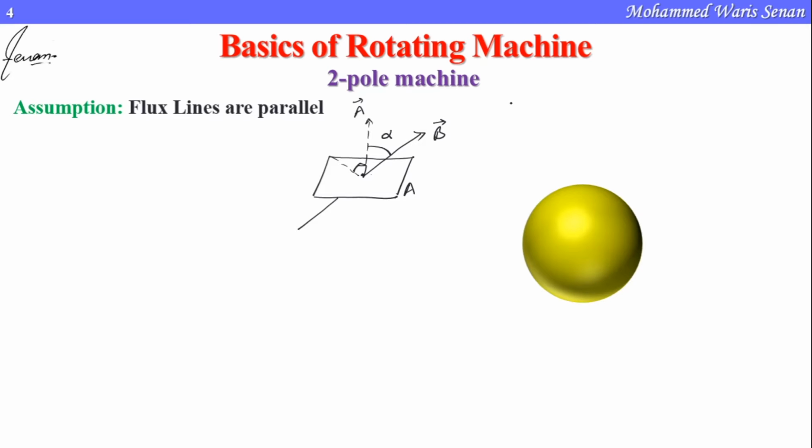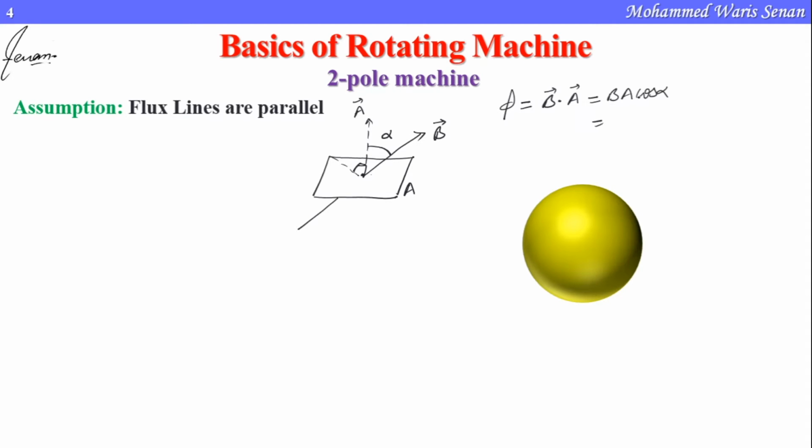The flux passing through this area can be written as B dot A. The flux is the dot product of magnetic flux density B and the area of cross section A. So we can write it as BA cos alpha, because the angle between B and A is alpha here.